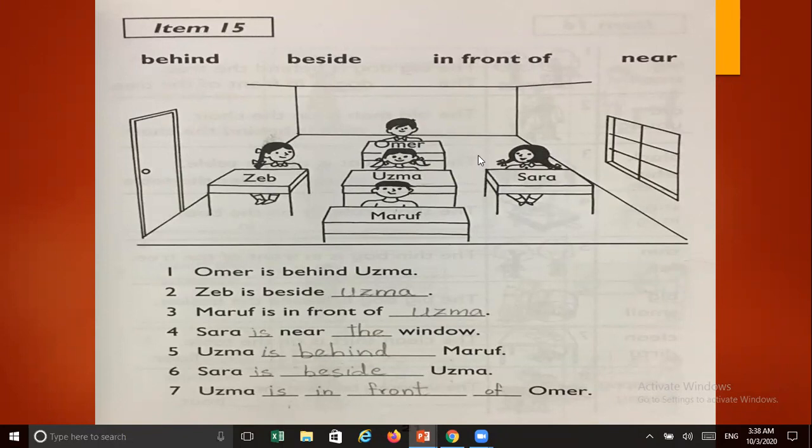Here is Sarah and here is a window. So Sarah is near the window. Next one, Azma is behind Maruf. Sixth one, Sarah is beside Azma. Last one, Azma is in front of Umar.